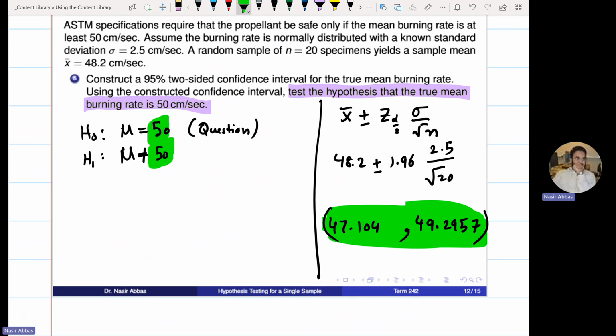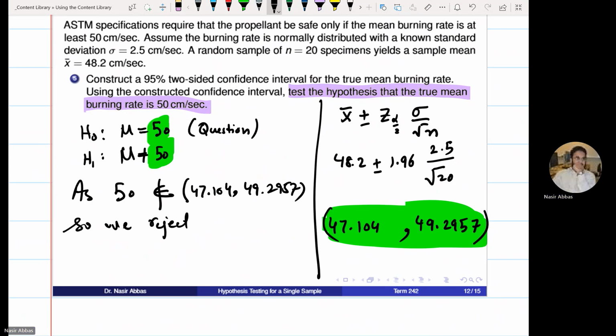Belong means, is it inside the interval or outside the interval? So according to the confidence interval approach, we say 50 does not belong to 47.104 all the way up to 49.2957. So we reject H naught, and conclude that the mean burning rate is not 50.